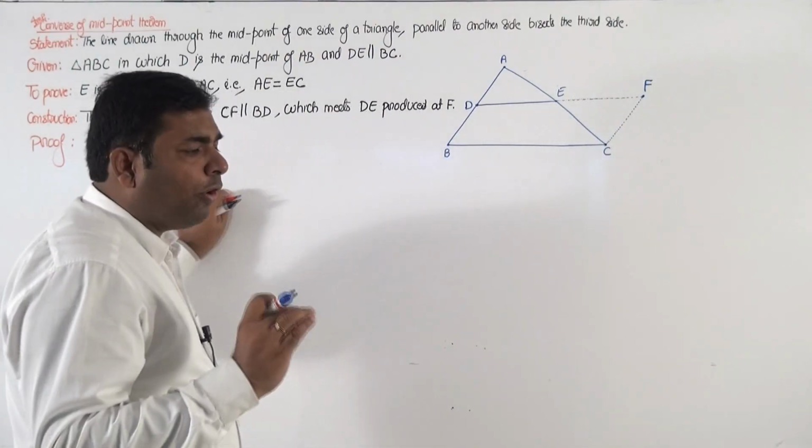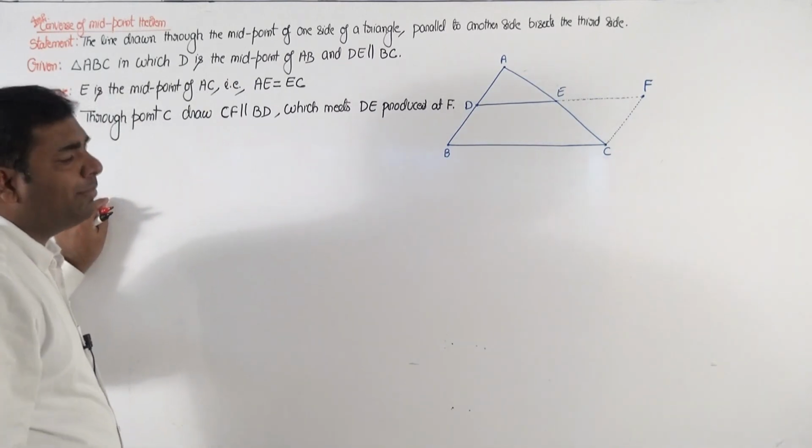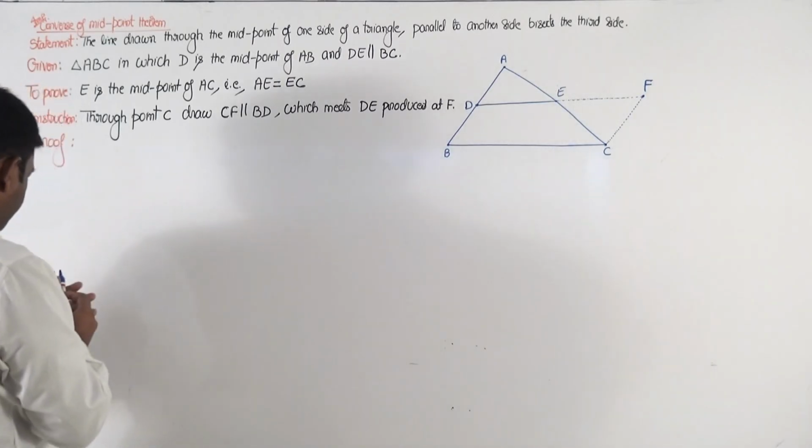If each pair of opposite sides of a quadrilateral is parallel, then it is a parallelogram. वो parallelogram हो गया है. वही बात मैं यहाँ लिखूंगा.